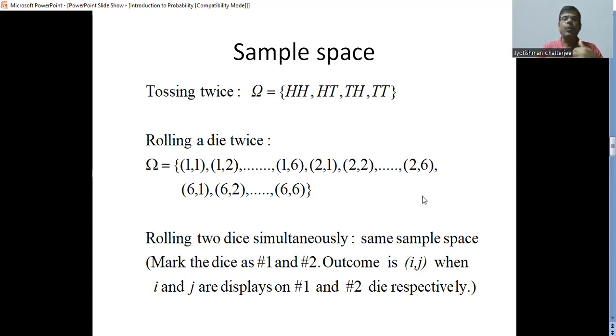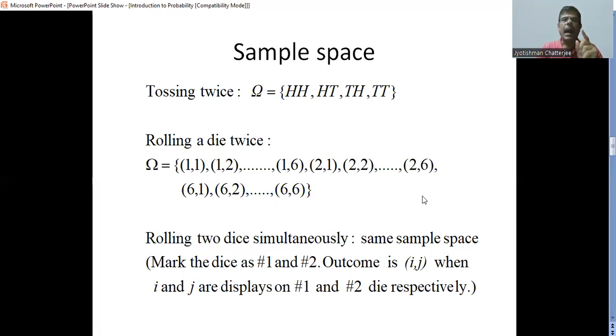If I roll a die twice, the first roll might be any number from 1 to 6. Again, the second roll may give any number from 1 to 6. I can combine them together, separated by a comma, i comma j, meaning i is the outcome of the first roll and j is the outcome of the second roll.